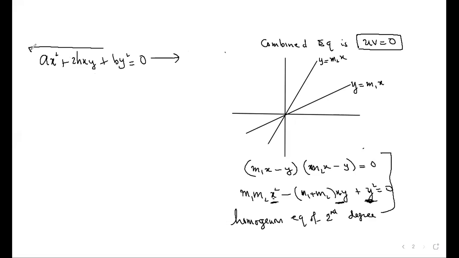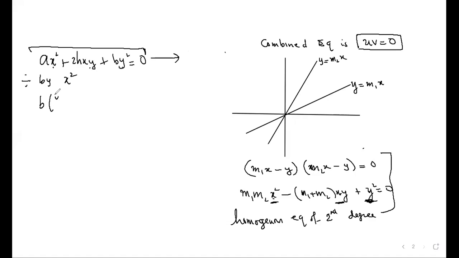The second part: a homogeneous equation is given to you. Calculate the slope, calculate the angle, calculate whatever other things. Is it clear? Now, if I want to calculate the slope of these lines, you divide the equation by x square. Then this becomes 1, this becomes y by x, and this becomes y square by x square.